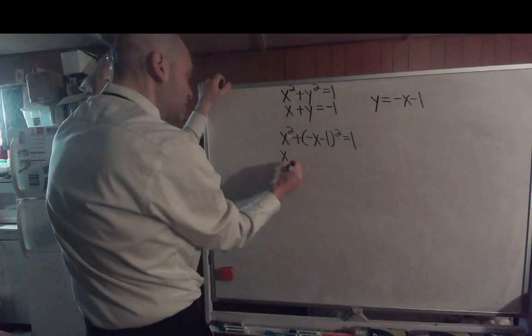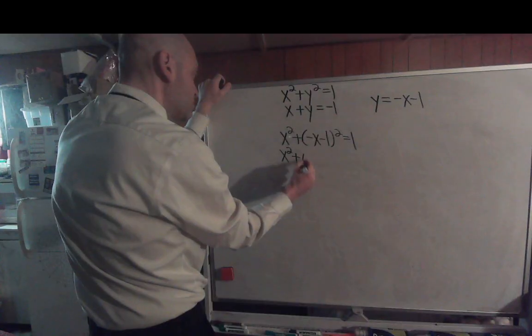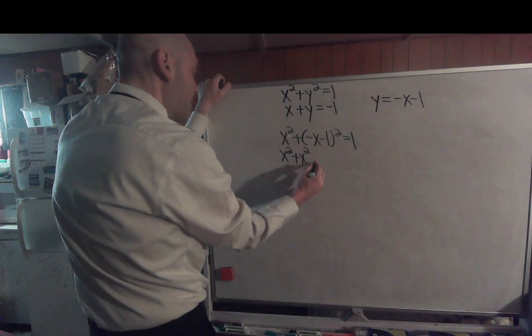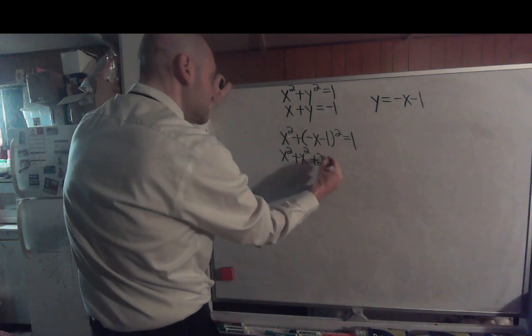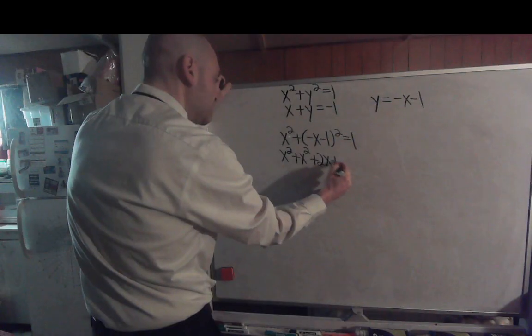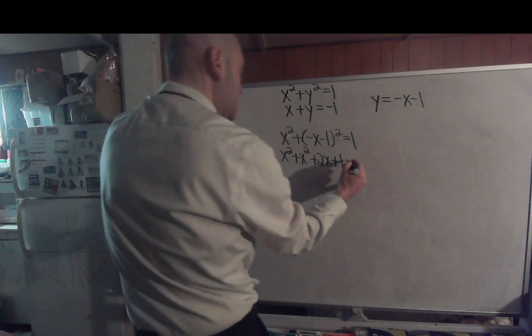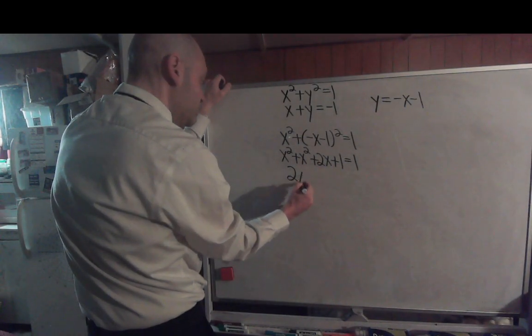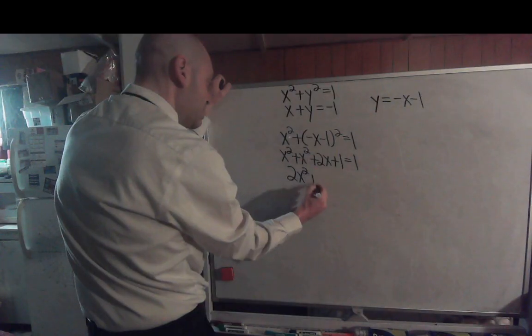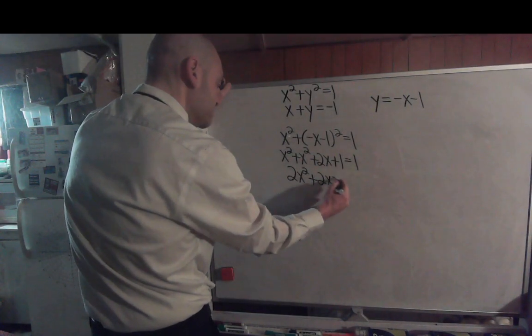So you'll get x squared plus x squared, multiply it, plus 2x plus 1 is equal to 1, which would simply give you 2x squared plus 2x equals 0.